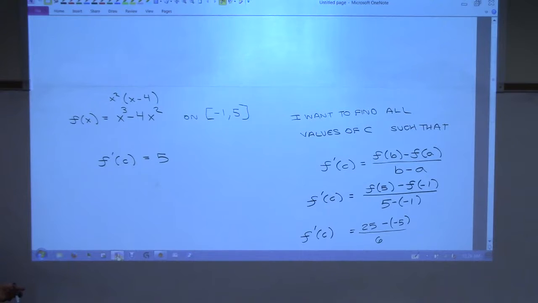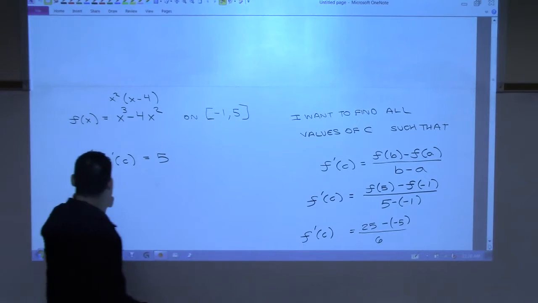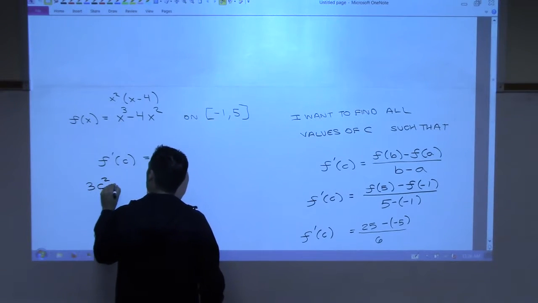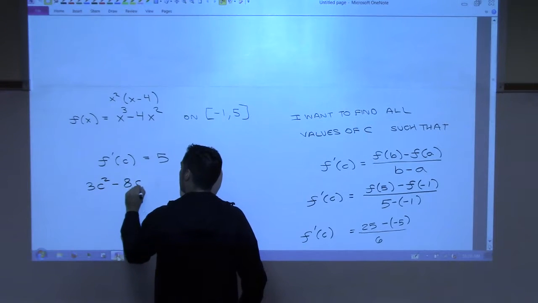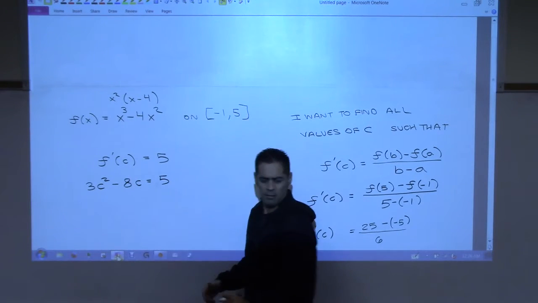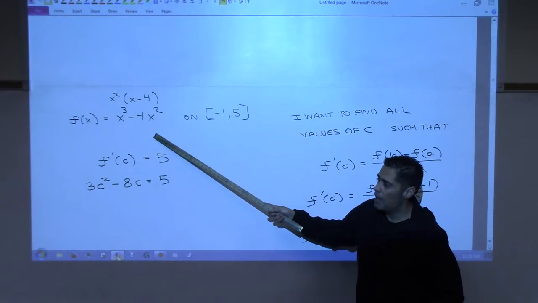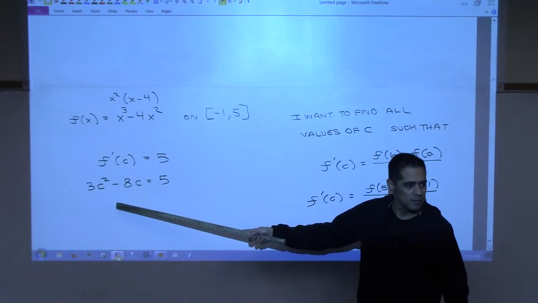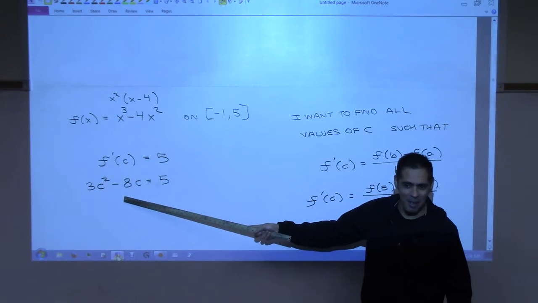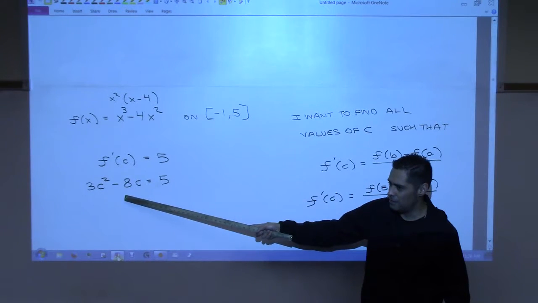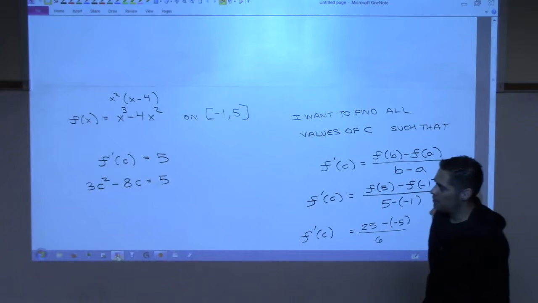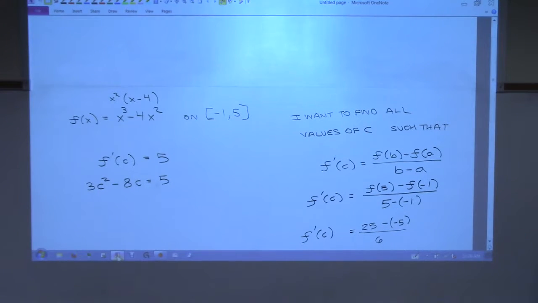So that would be 3c squared minus 8c equals 5. Do you see what I did? I just took the derivative and then replaced the x's with c's. Y'all are looking at me like I'm crazy. Is that all right? So that's to find those points. I'm trying to find those c's now. So this is the equation I have to solve.